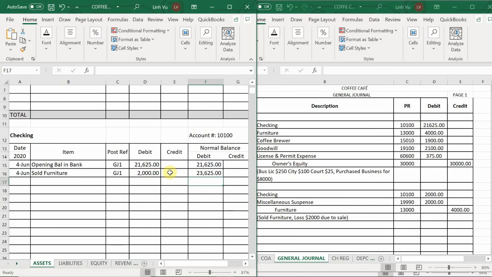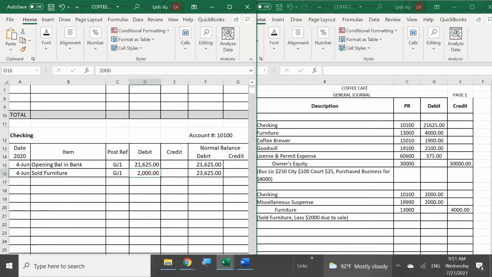Okay? So then every time I enter something in here, in this case, I deposited $2,000. So let's say I got rid of that, right? And let's say I wrote a check for $1,500. It's going to automatically subtract that out from my bank account because I said credits decrease this account.